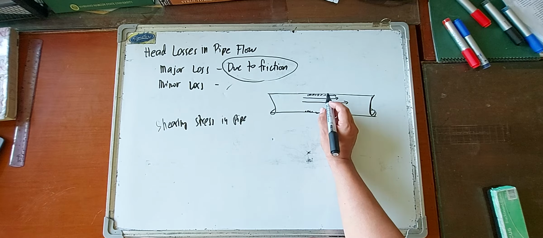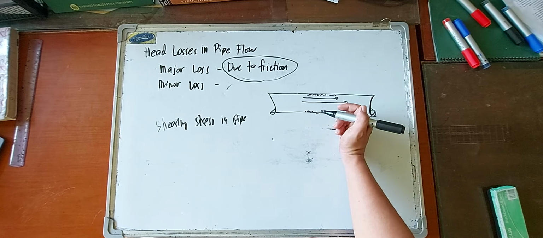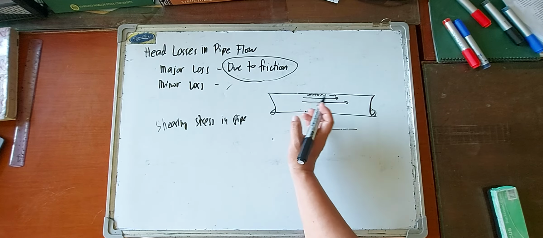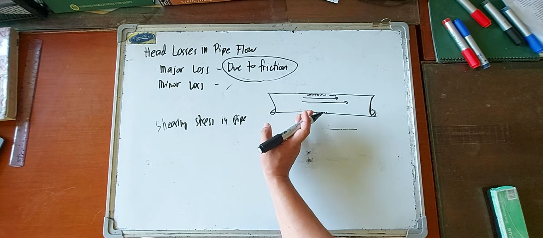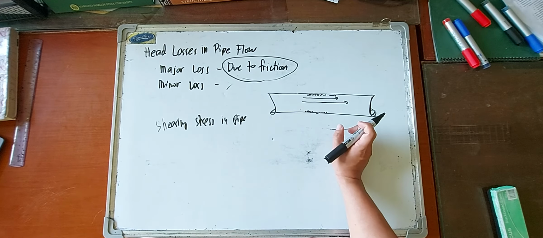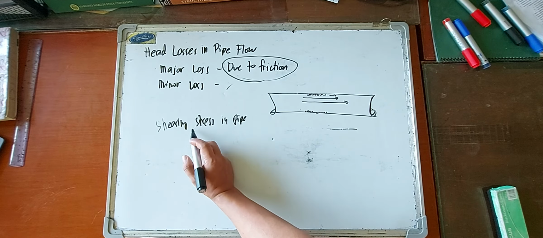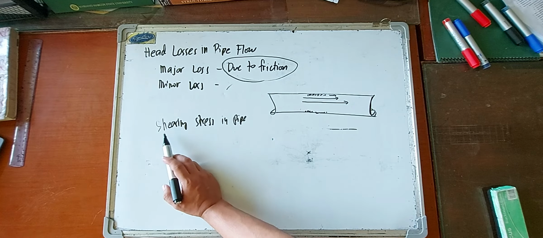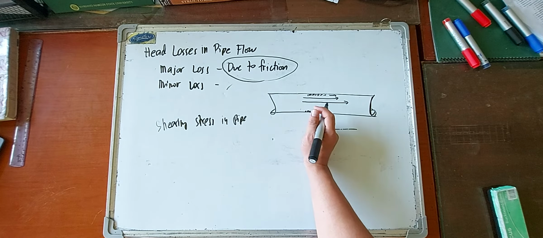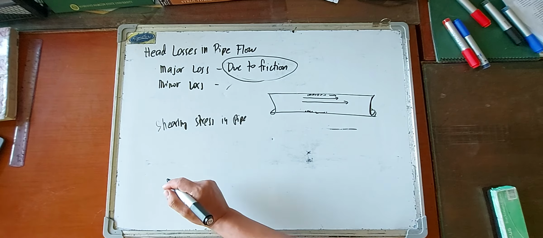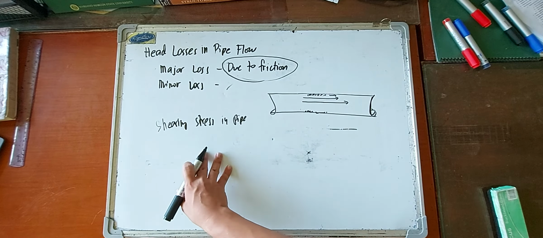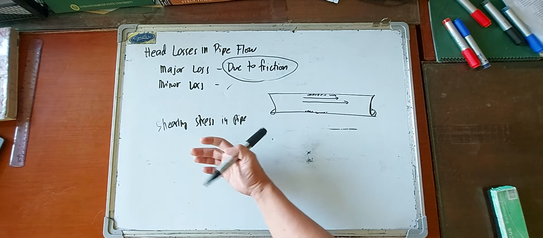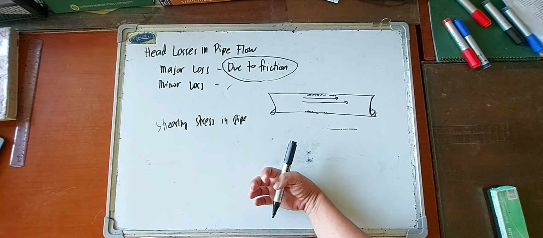Okay, and sometimes if the pipe, kung yung pipe natin ay it's not strong enough to resist yung shearing stresses, okay, pwedeng mag-fail yung pipe natin. Okay, so that's why importante, we need to know the shearing stress experienced by the wall of the pipe so that we can decide what material to be used sa pag-lay ng pipe, kung PVC or GI pipe, steel pipe, and other types of pipes in terms of material.